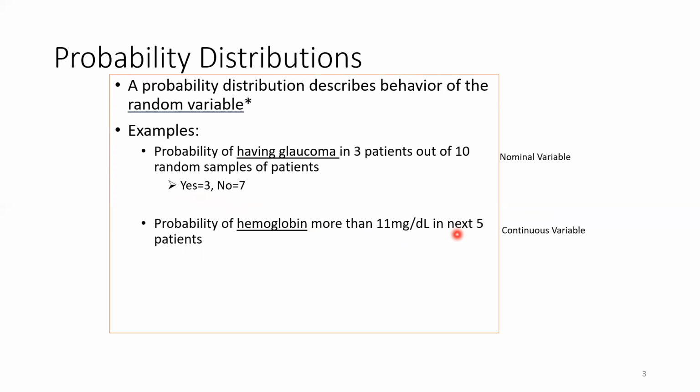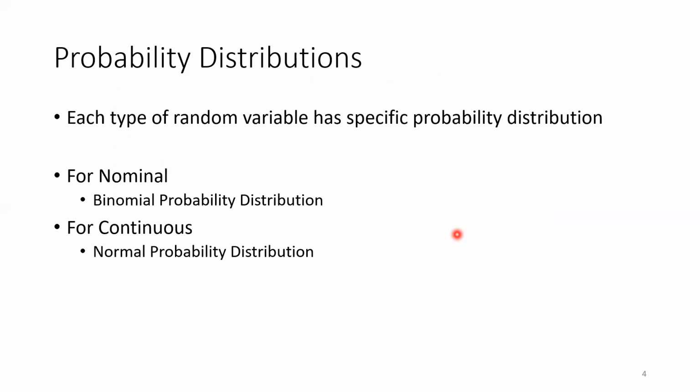Briefly, for a nominal variable we have the binomial distribution in biostatistics, and for a continuous variable there are many other distributions, but our concern is the normal probability distribution.